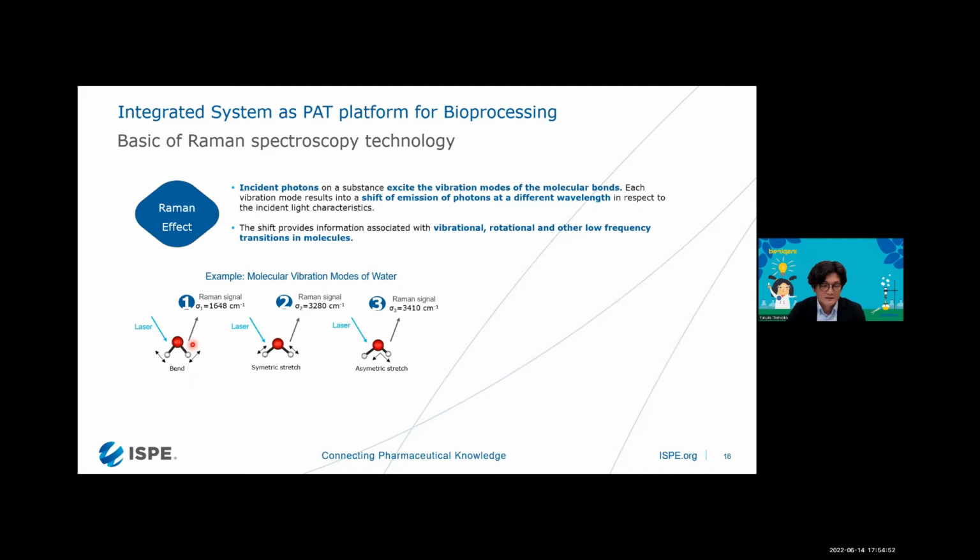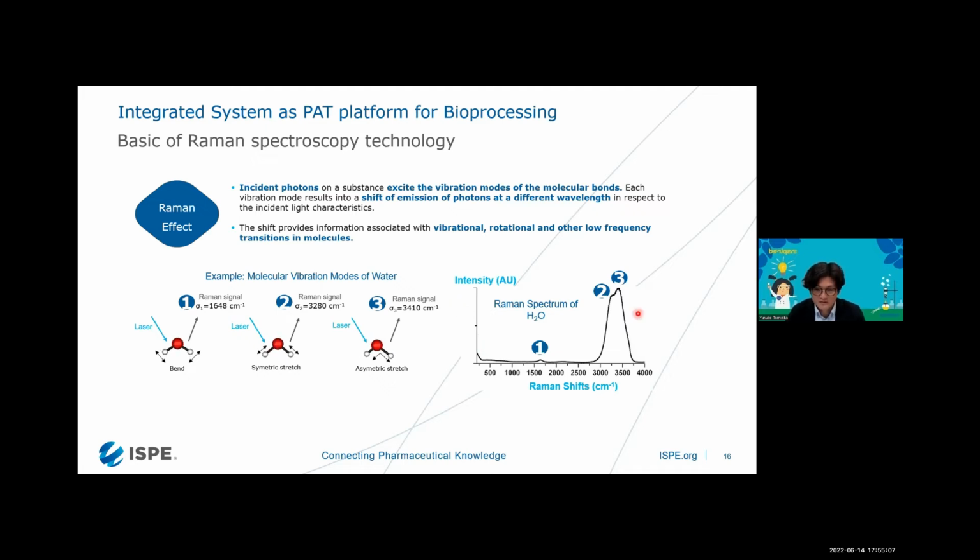As each vibration mode differs, the reflected Raman signal wavelength is different. So the observed Raman spectrum comes to be like this. This is a very specific wavelength pattern for the water molecule. So Raman spectroscopy technology enables specifying a molecule by analyzing the Raman shift in the signal spectrum.